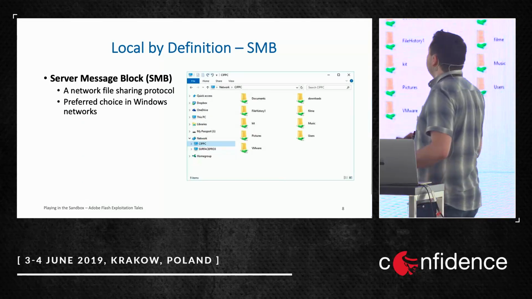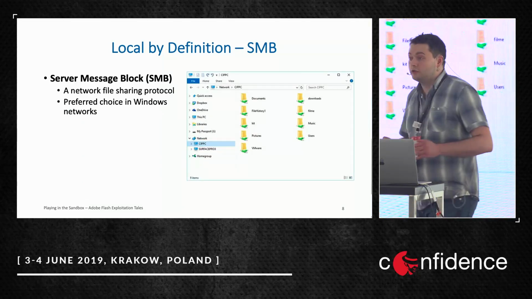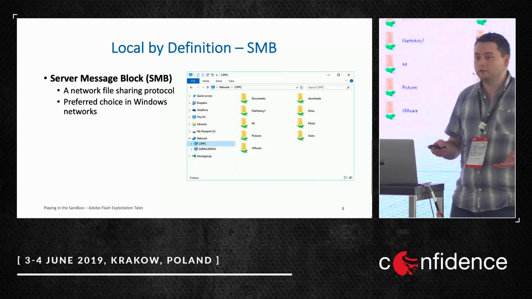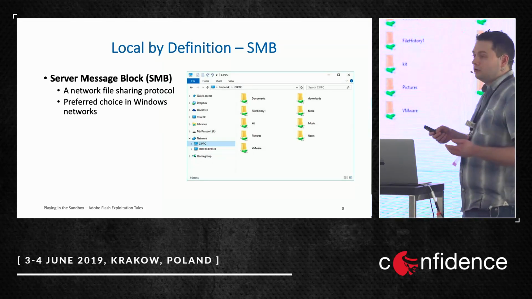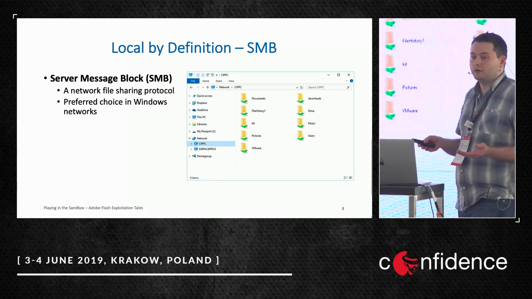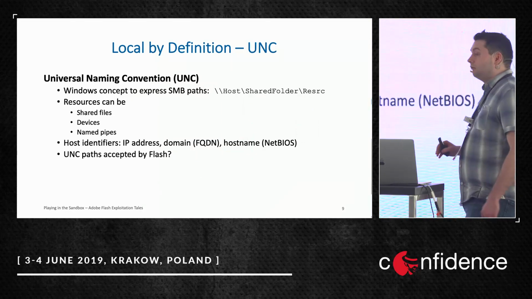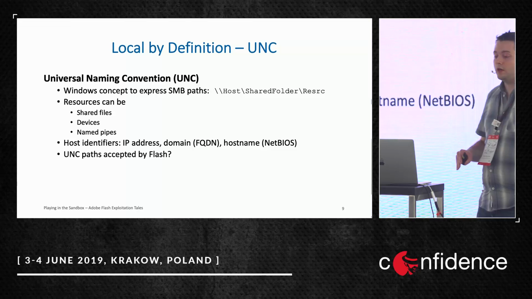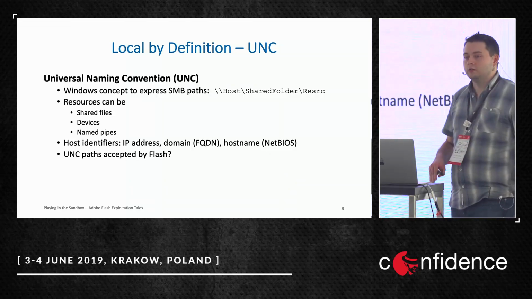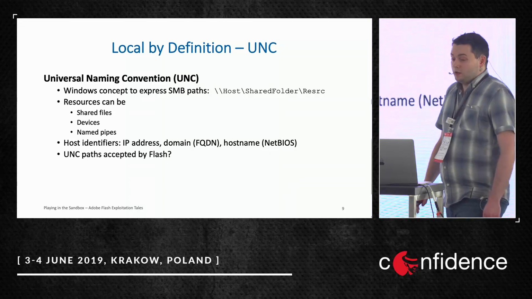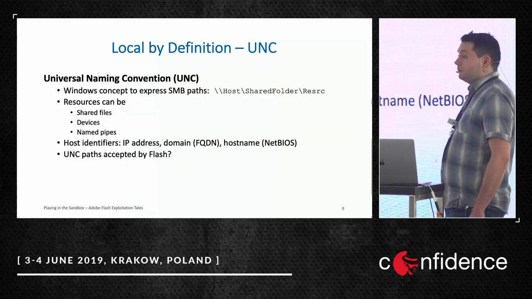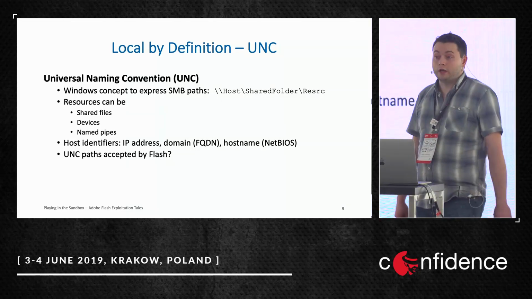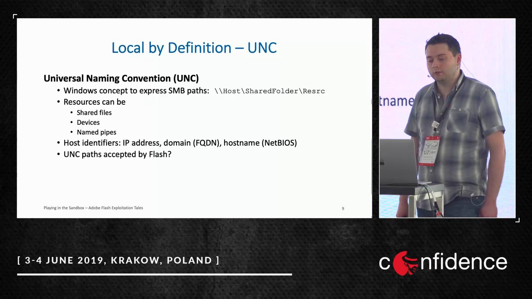But first, if you've ever used Windows file sharing, you'll most likely be familiar with this screen. And what you're actually using under the hood is a protocol called Server Message Block, or SMB. And closely related to SMB is the Universal Naming Convention, or UNC. Now, UNC is a Windows concept to express SMB paths to an SMB server.